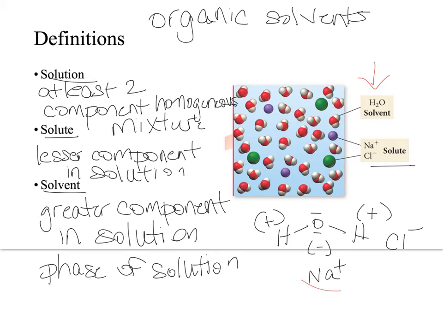Well, let me just make those different colors so you can see that a little bit better. And once it pulls the crystals apart, then it dissolves the salt. And that salt is dissolved because it still retains its properties. It will taste salty, and you probably don't want to drink salt water. An organic solvent, the other type of system, not water-based.